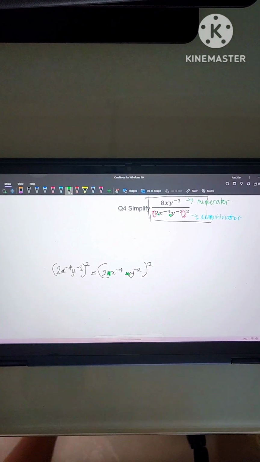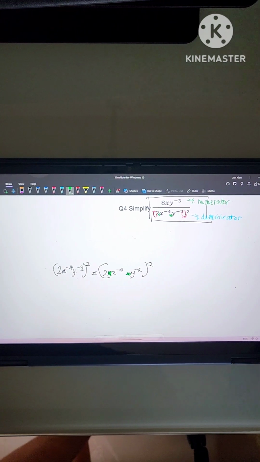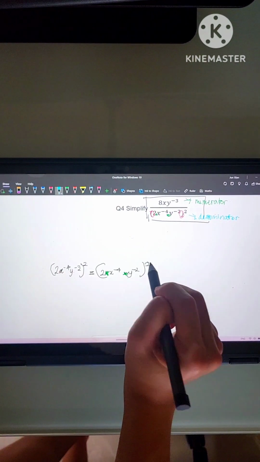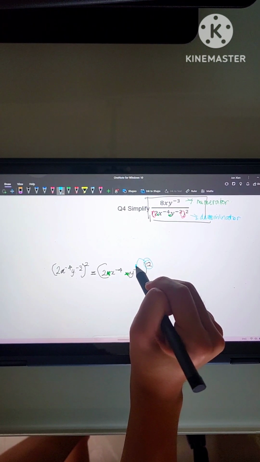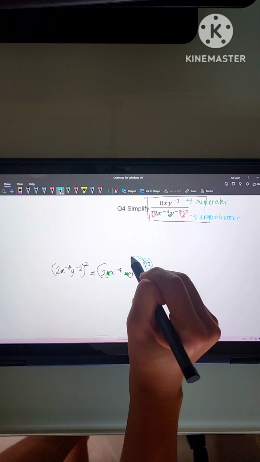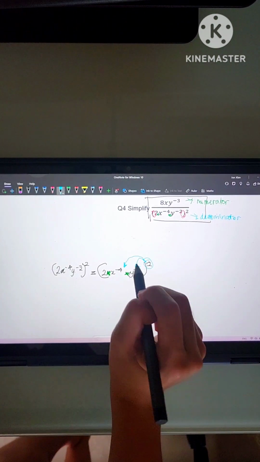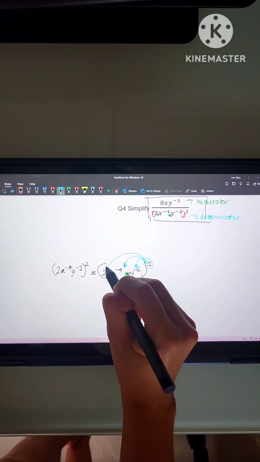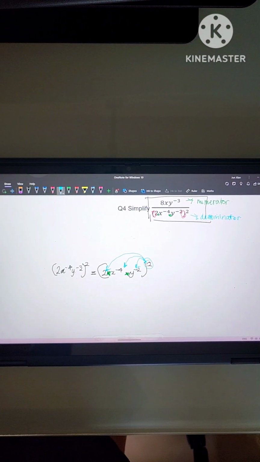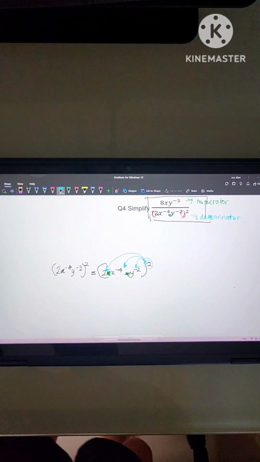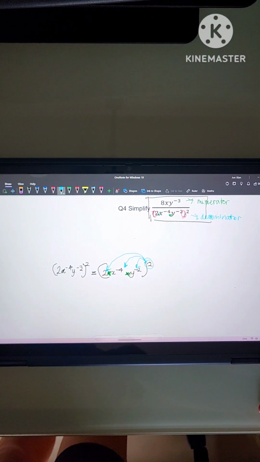If we look at this broken down version, this tells us that the power of 2 will go to y to the power of -2, x to the power of -4, and also 2, because it's a variable. So there are 3 variables here: we have an integer and 2 algebraic letters, right?